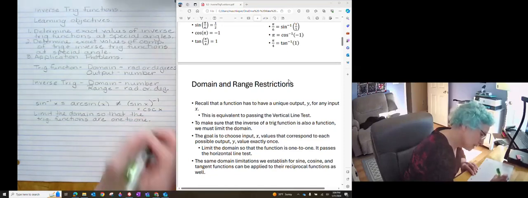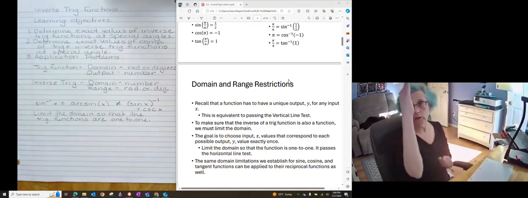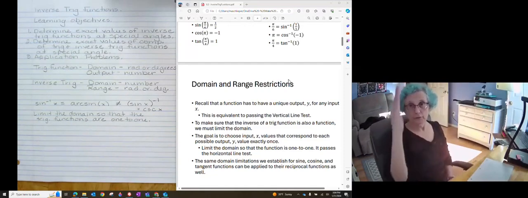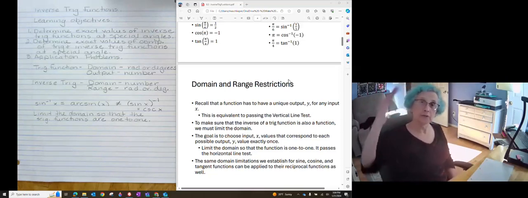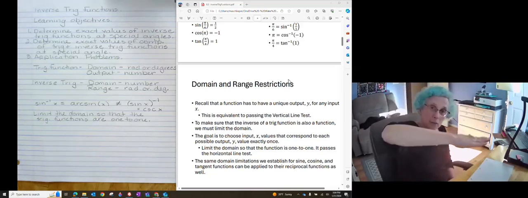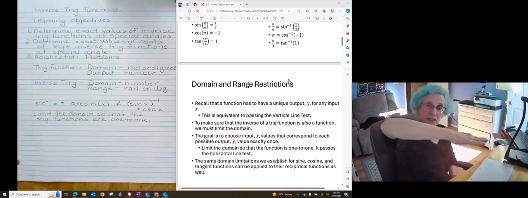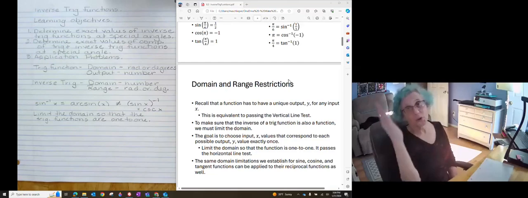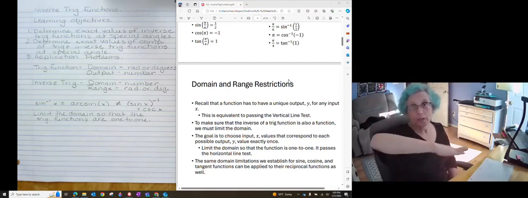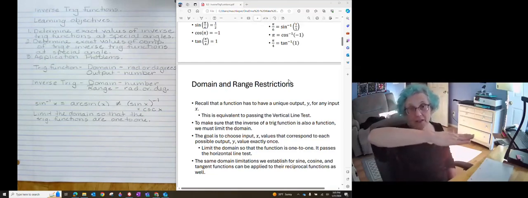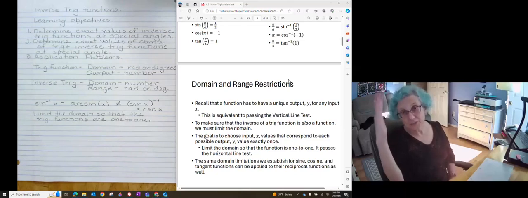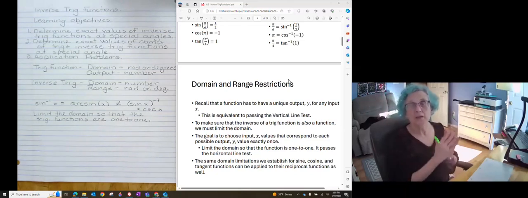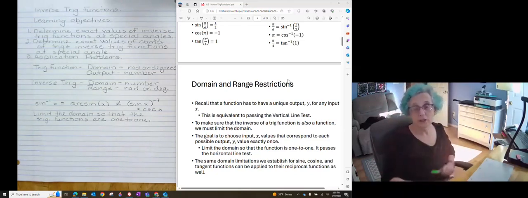Remember, to be a function, you have to pass that vertical line test, if every vertical line only hits that function once. To be a one-to-one function, you have to pass that horizontal line test, because remember, they switch roles. So what became the horizontal line test for the function is the vertical line test for the inverse function, so it has to pass both in order for it to be a function.